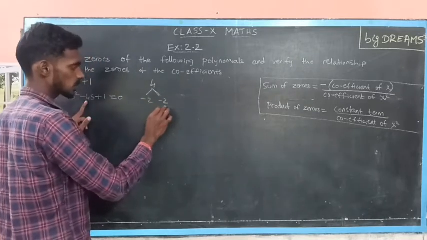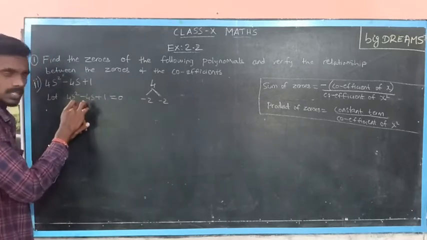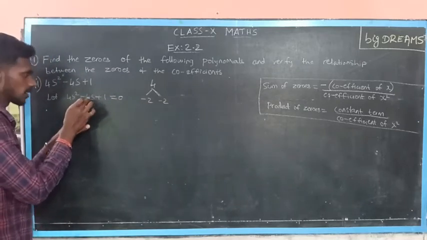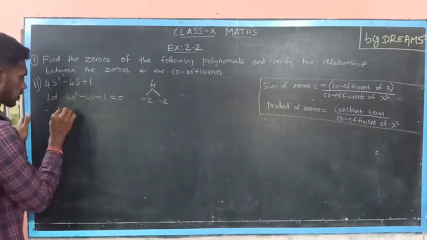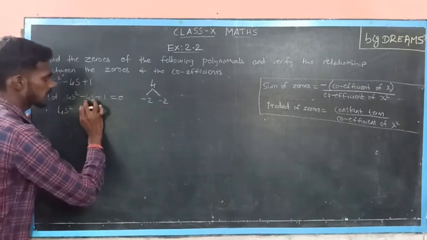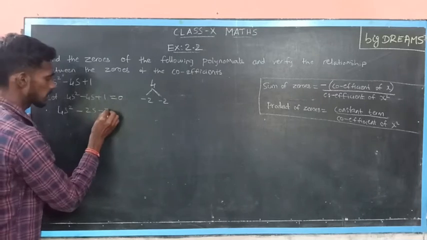Minus 2 into minus 2 gives plus 4, and minus 2 minus 2 gives minus 4, that is the coefficient of s. So, the middle term minus 4s is split as minus 2s minus 2s.